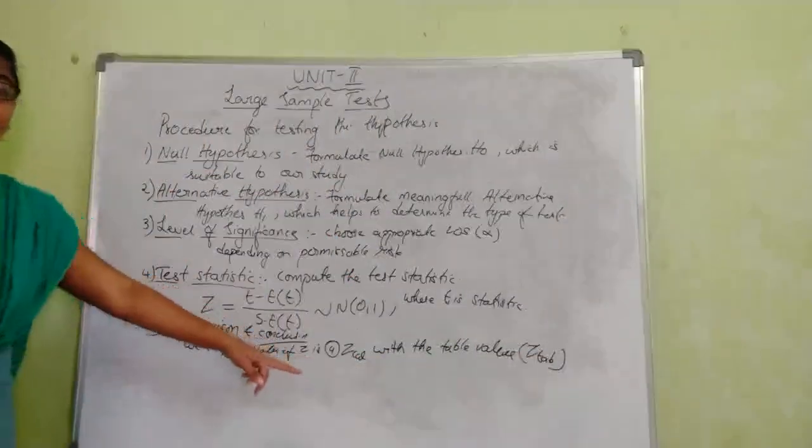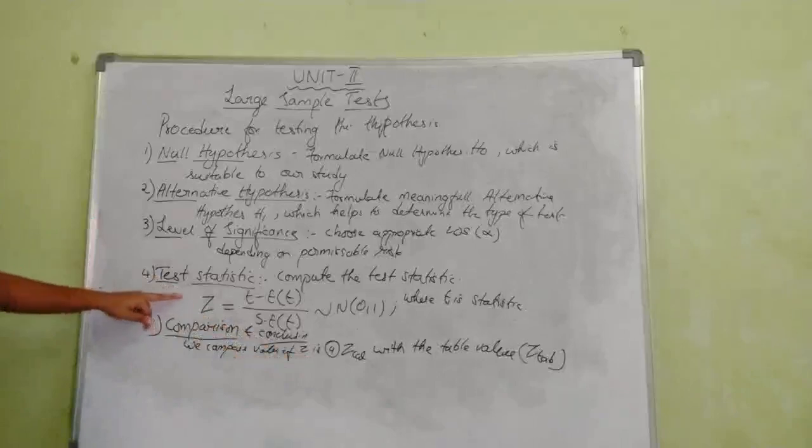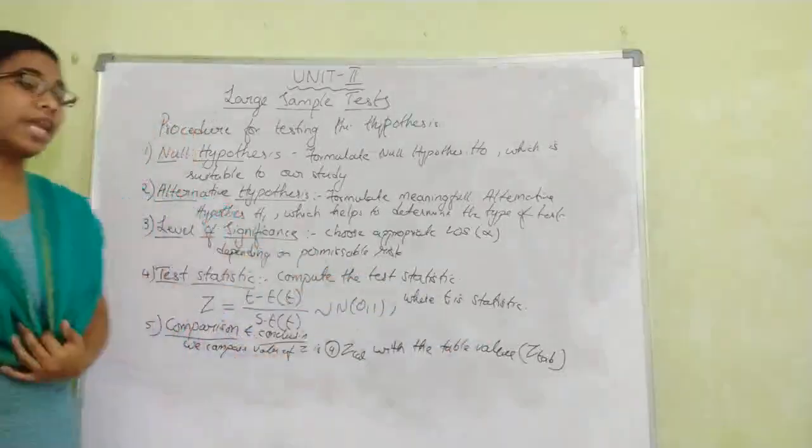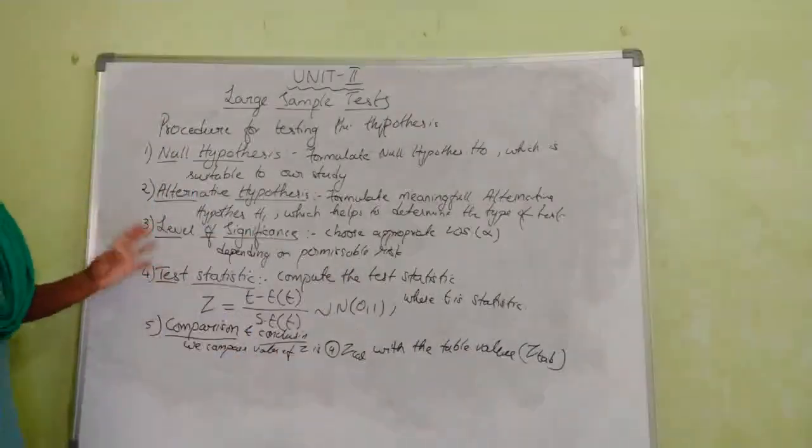Z calculated indicates the value which we have calculated using the test statistic, and Z table indicates the critical value or the table value.